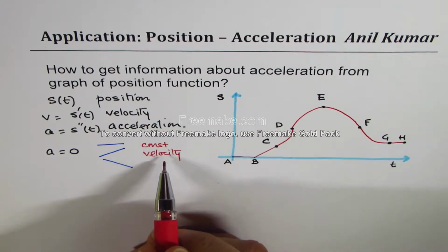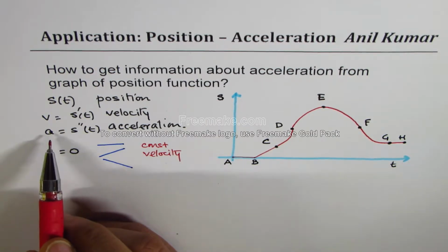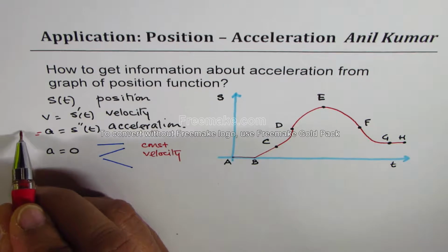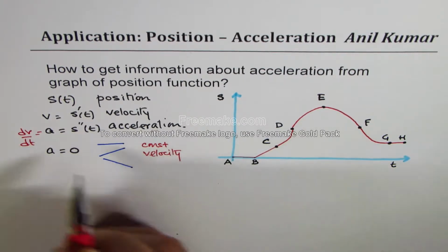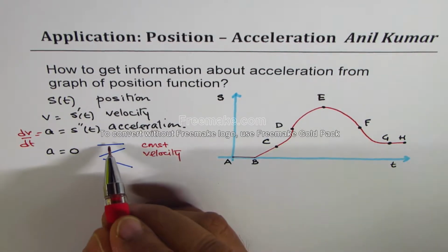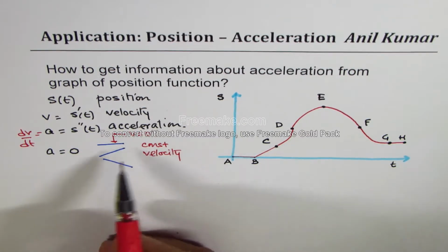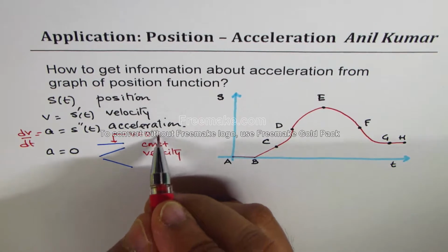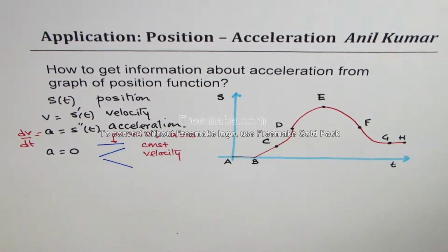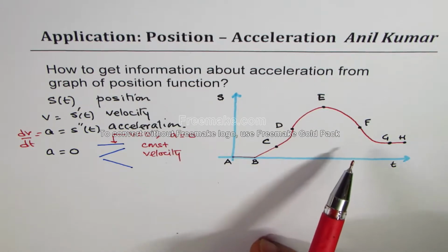So constant velocity means the rate of change of velocity, let's say dv/dt, is 0, right? Horizontal, however, indicates velocity itself is 0. So acceleration will also be 0. Is it okay?